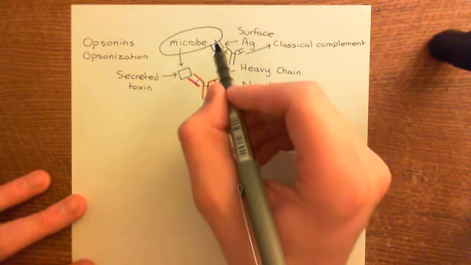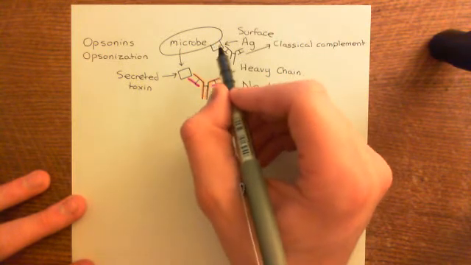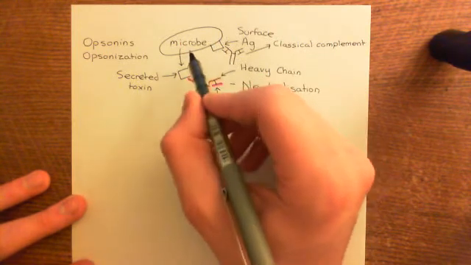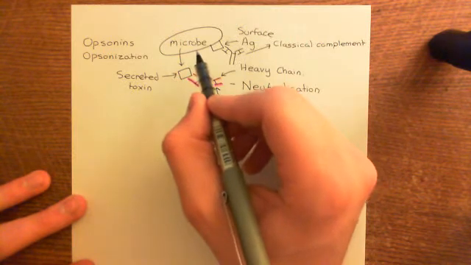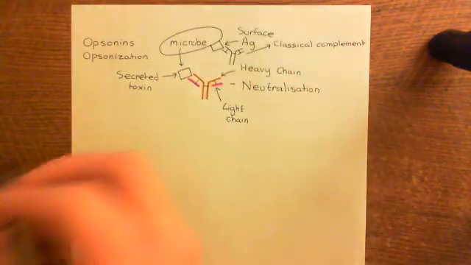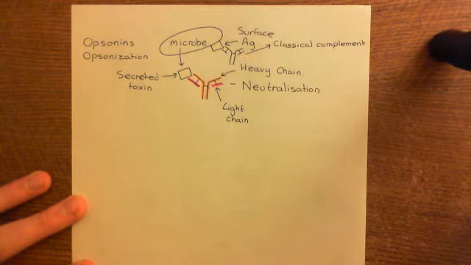If it finds a cell that is covered in antibody, that is a giveaway sign that it should phagocytose it. Opsonization is often compared to making the microbe more tasty, sprinkling sugar on it. It makes a phagocyte more likely to phagocytose that microbe if the microbe is covered in antibody.